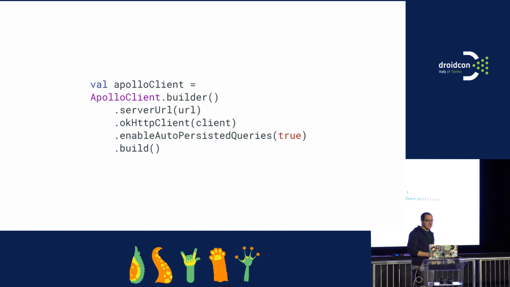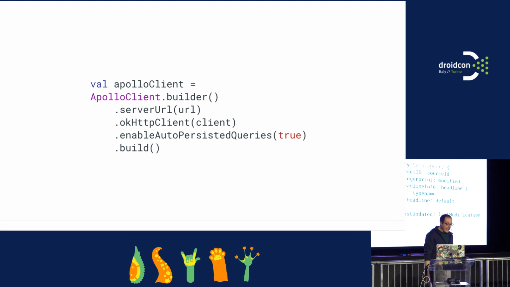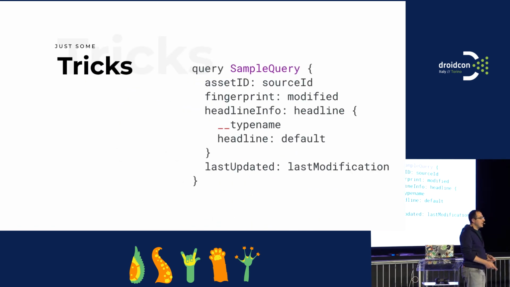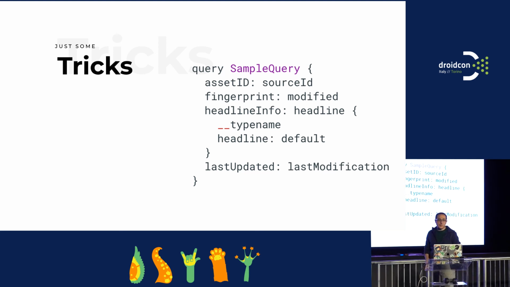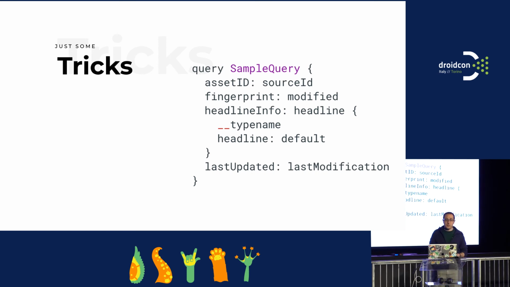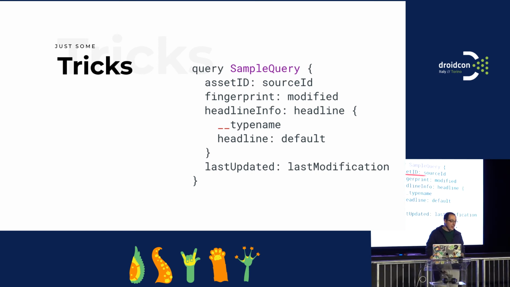So there are a couple of tricks that I wanted to share with you before the talk is over. Let's use this small query for this example. We noticed that we can actually request stuff, but you can also use aliases for what you request.